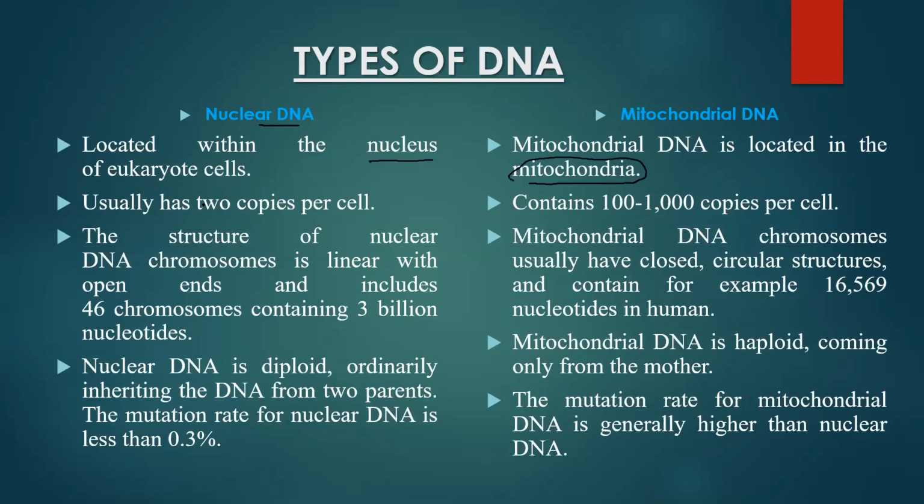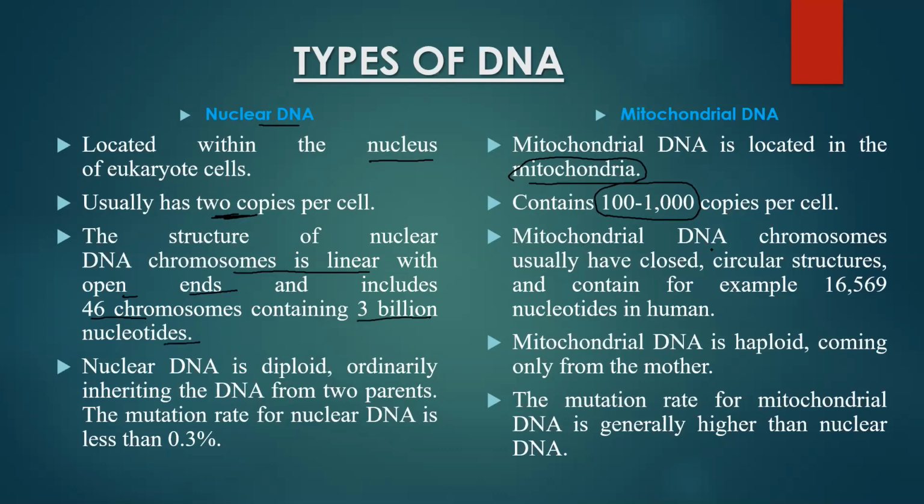Nuclear DNA has two copies per cell, whereas mitochondrial DNA has 100 to 1,000 copies per cell. The nuclear DNA chromosomes are linear with open ends and include around 46 chromosomes containing 3 billion nucleotides.